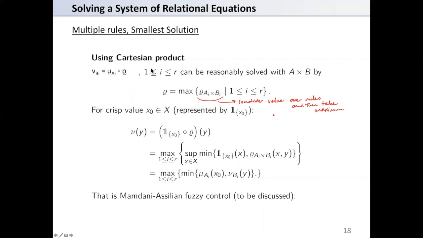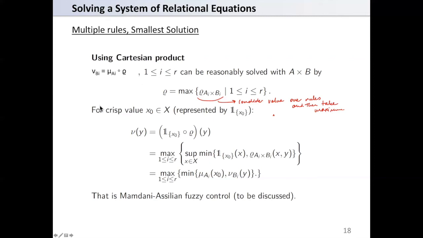So these equations can be solved reasonably with the Cartesian product of A and B, by using the relation that is the maximum of the Cartesian products of AI, BI, I from 1 to R. So we are considering the value over rules and then we take the maximum.